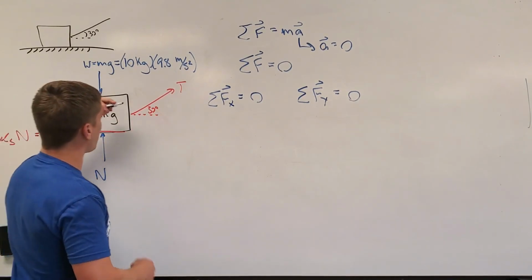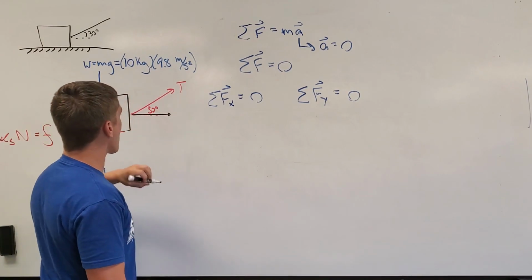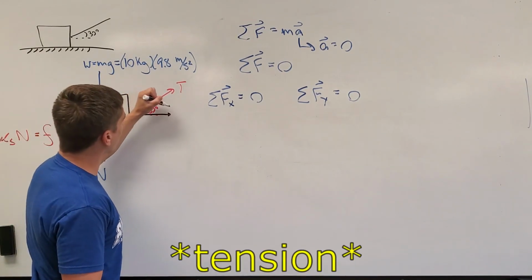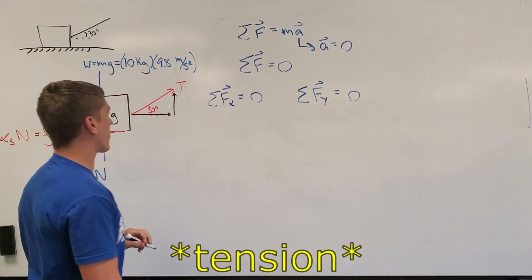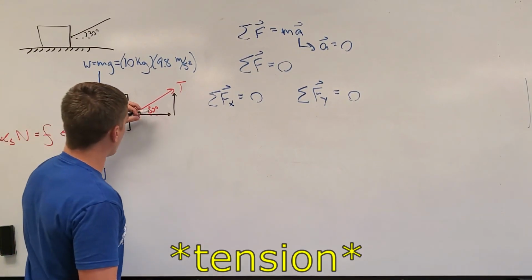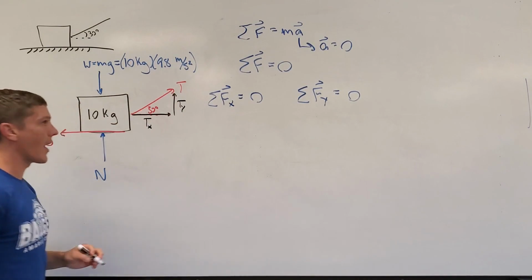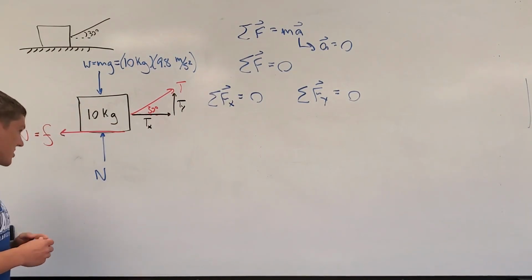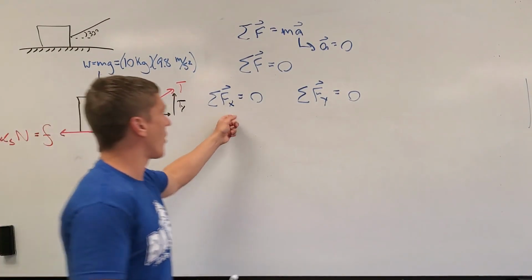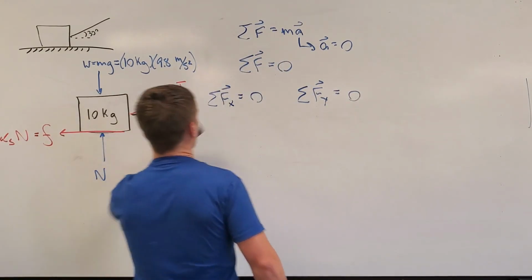So we have to split this up into components. We have a horizontal component of our tension, which I can call tension sub x, and we have tension sub y in the y direction. Okay, now that we understand that, let's start filling out what forces we have working on this system. So let me erase this to get a little bit more room.